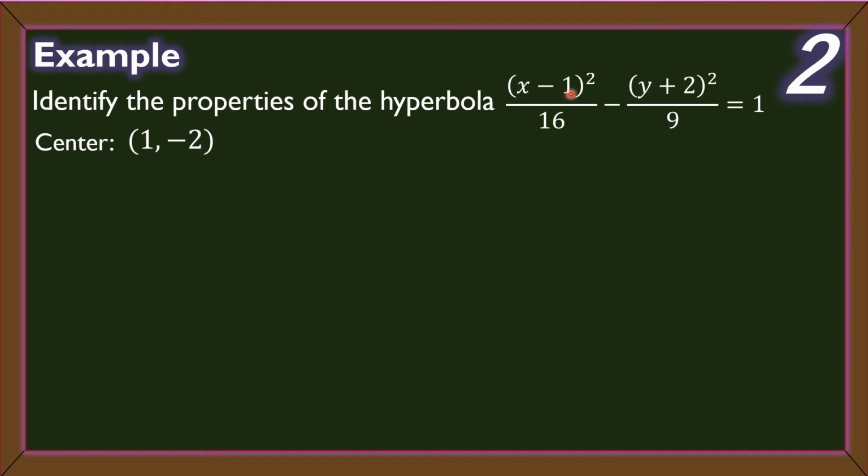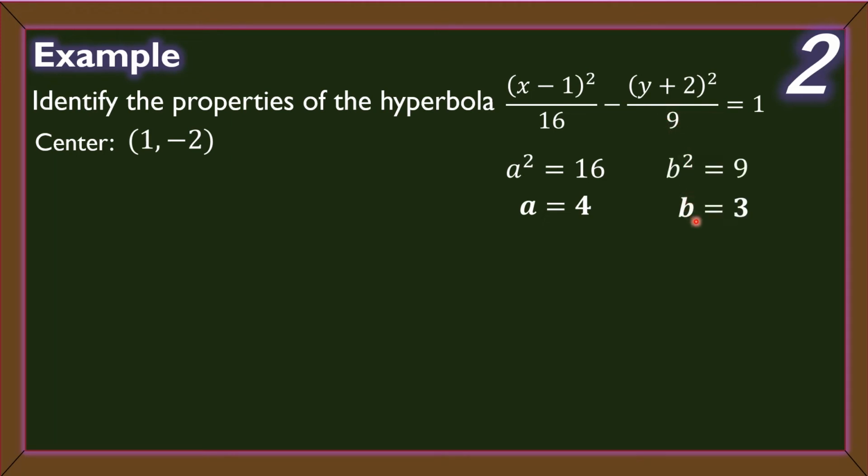(x - 1)^2 over 16 is the positive term. Then we have the hyperbola whose transverse axis is parallel to the x-axis. So we have a squared is equal to 16. Getting the square root of both sides, a is equal to 4. Also, we have b squared is equal to 9.